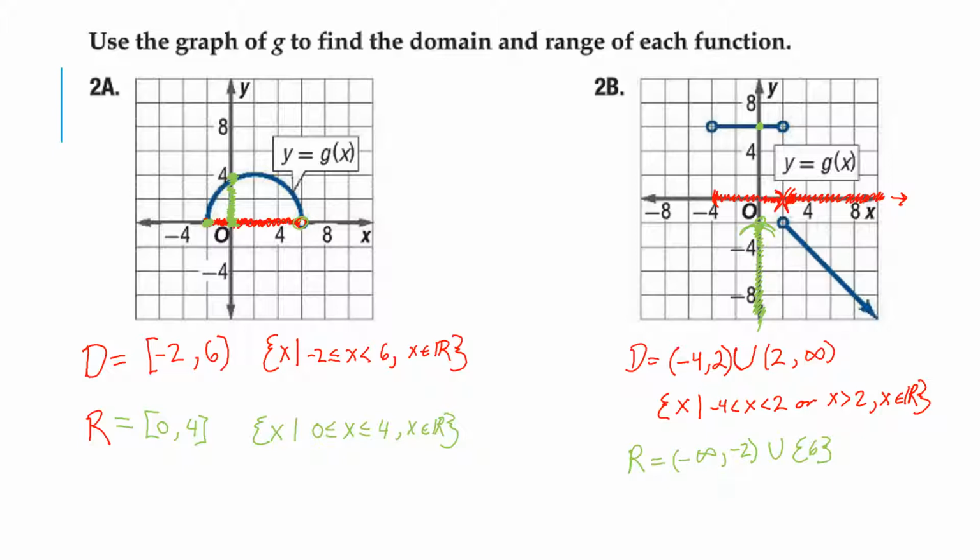In set builder notation, I'm going to say y such that y equals 6, or y is strictly less than -2, and y is a real number.